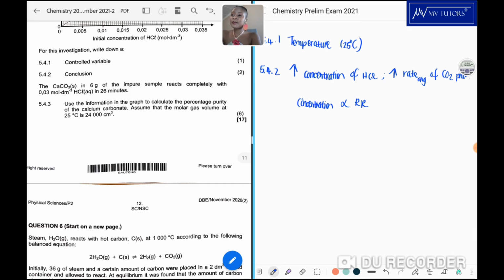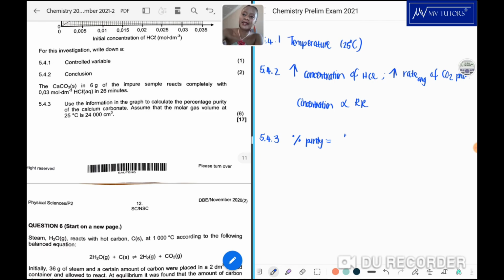So I would convert that cubic centimeters to cubic decimeters. But if you're going to calculate the percentage purity, percentage purity is basically the amount of calcium carbonate that you have.